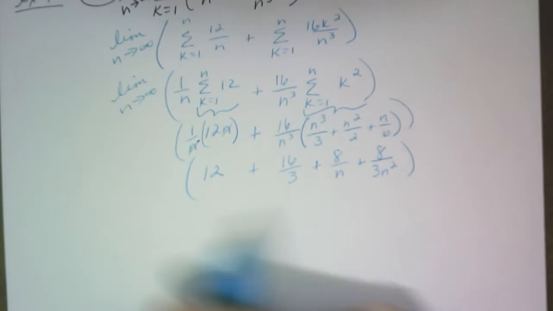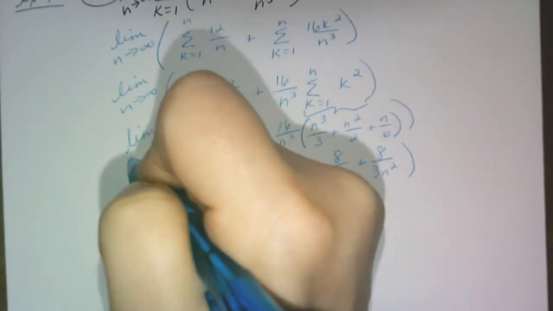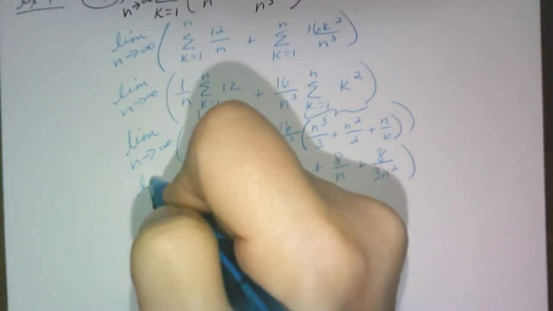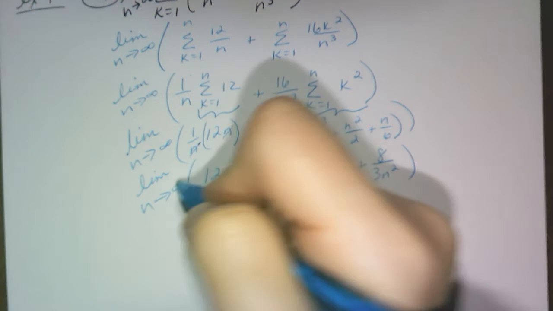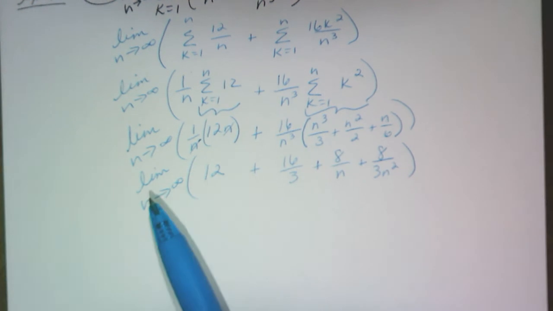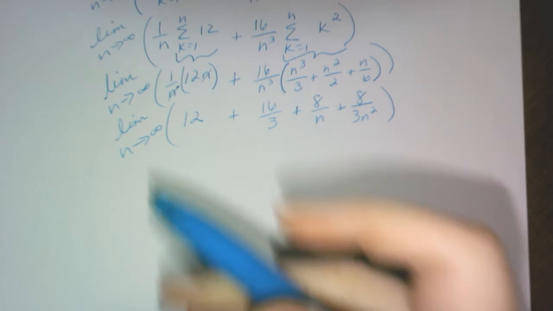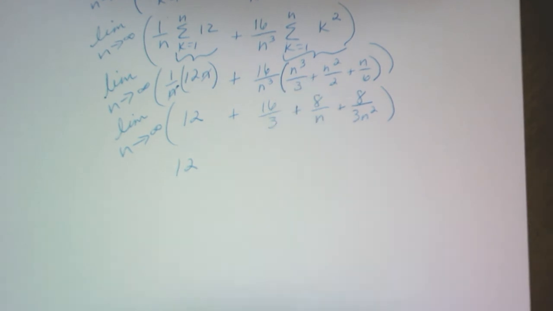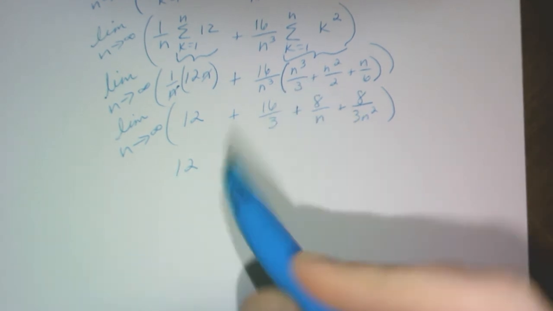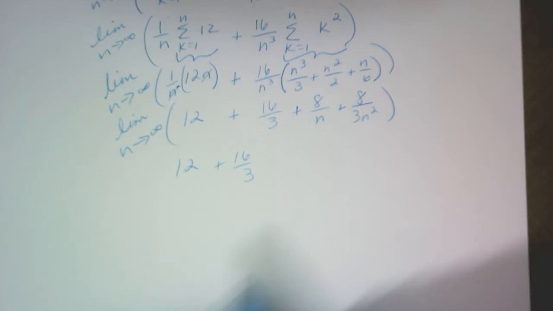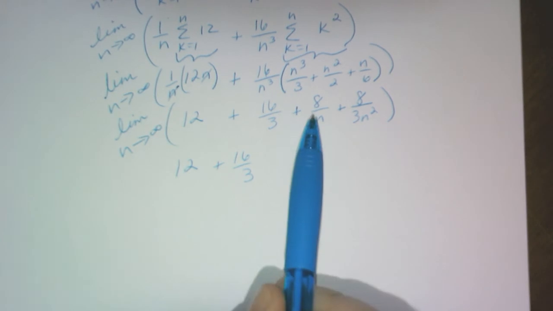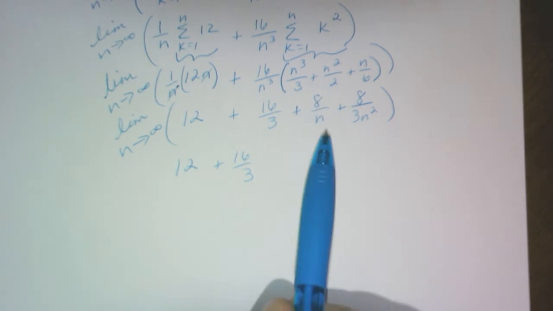Okay, now look at what happens. Again, we're taking the limit as n approaches infinity. And now we go to our limit rules. What's the limit of a constant? Well, it's 12. What's the limit of another constant? Well, 16 over 3. What's the limit of 8 over n as n approaches infinity?